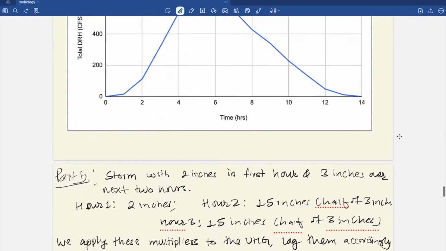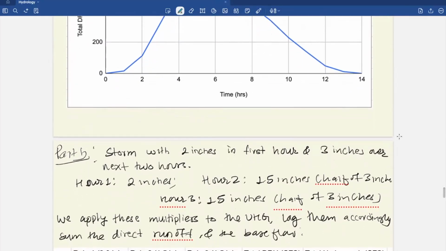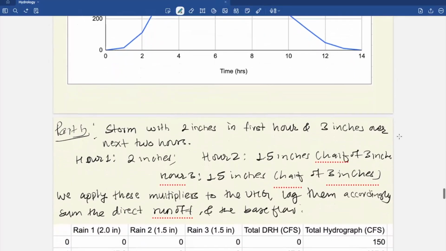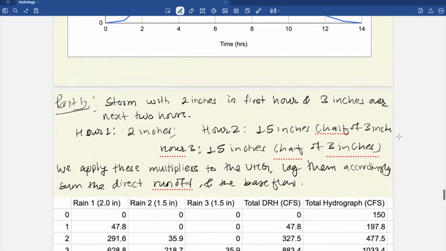So it is more realistic. However, rain upfront, 2 inches in the first hour, then 3 inches split over the next 2 hours, and same convolution process, different multipliers. That is P1 equal to 2, P2 equal to 1.5, and P3 equal to 1.5.